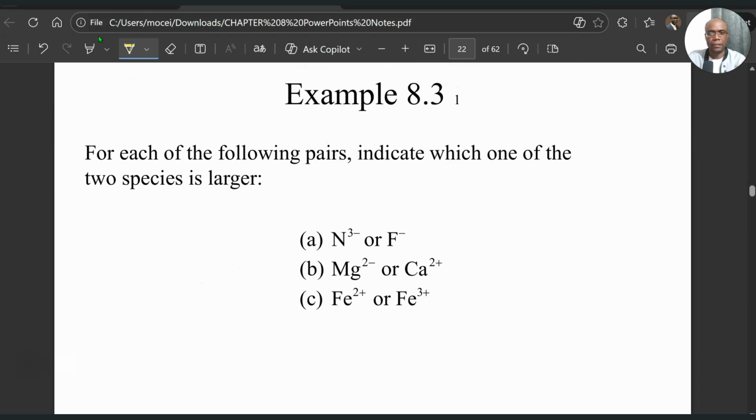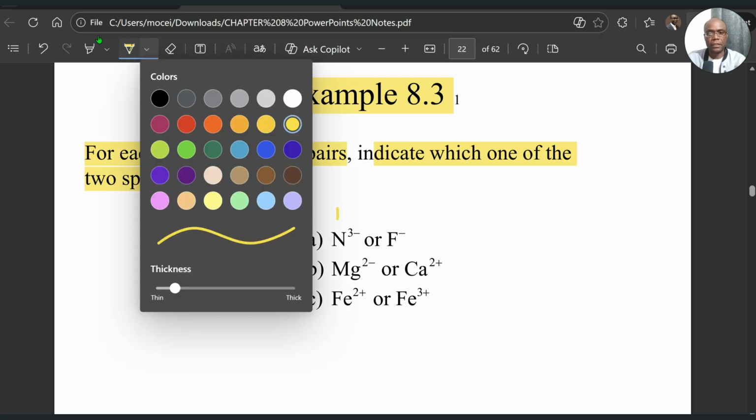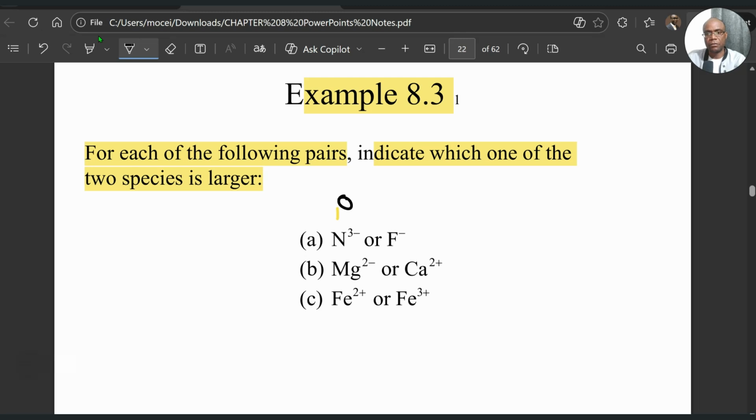Let's look at an example, example 8.3. For each of the following pairs, indicate which one of the two species is bigger. I'm looking at nitrogen and fluorine. Let me just visually draw. This is my nucleus of nitrogen. Nitrogen is supposed to be in period 2.